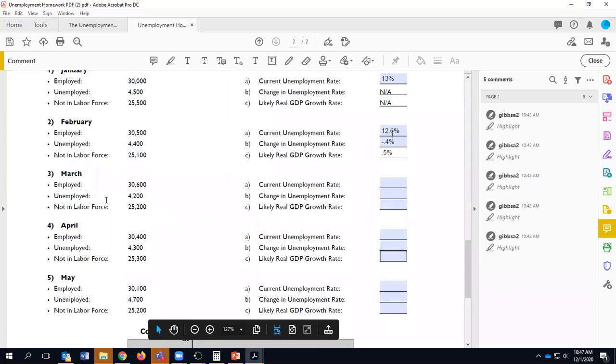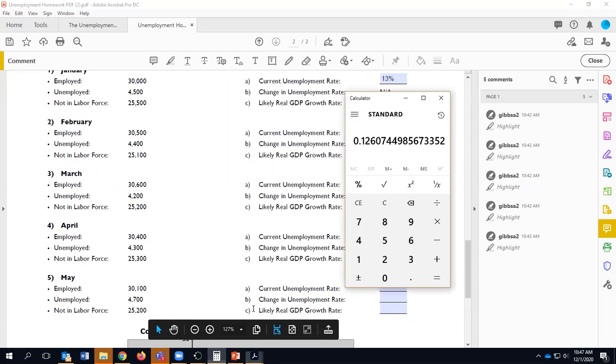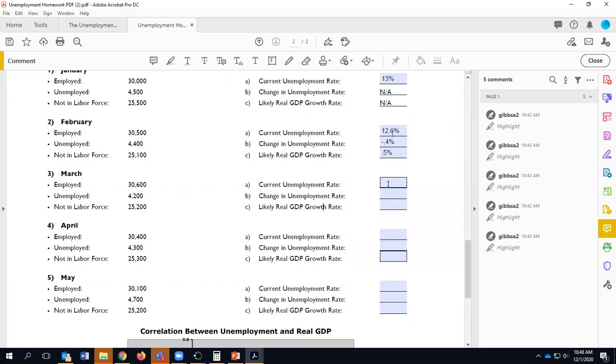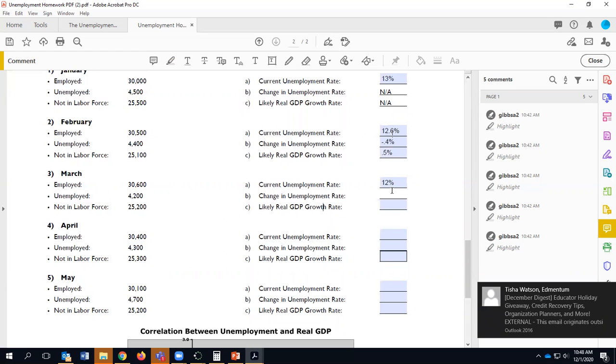And then in March, remember our formula, find our bottom number first. So we're gonna add our employed and unemployed. So that's our bottom number, 34,800. And we're gonna take our unemployed divided by 34,800. So that's 12%. So our unemployment rate continues to decrease. So between February and March, we decreased 0.6%.